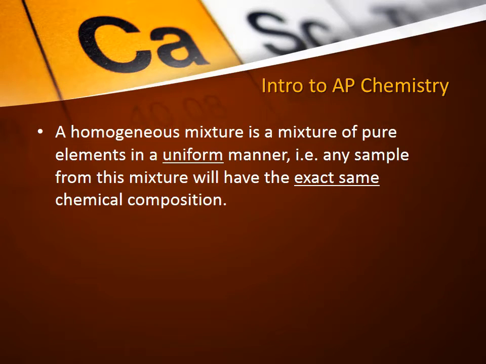Mixtures, however, are different. So a mixture is actually basically a mix of pure substances and compounds. A homogeneous mixture is when we mix pure elements, which is kind of our summary for elements and compounds, in a uniform manner, meaning any sample from this mixture will have the exact same chemical composition.